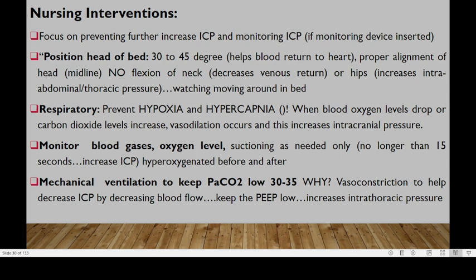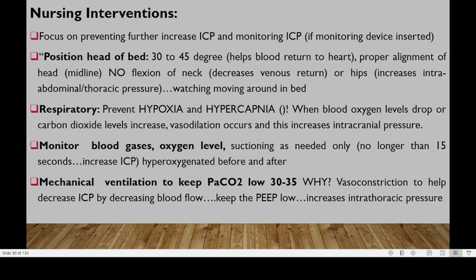On mechanical ventilation, you have to keep the partial pressure of carbon dioxide low, that is between 30 to 45. Why? Because low carbon dioxide is going to cause vasoconstriction, and this vasoconstriction will help decrease ICP by decreasing blood flow.